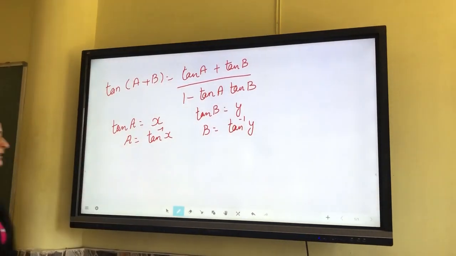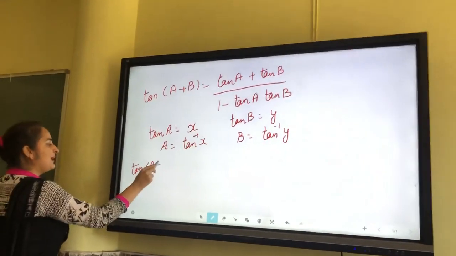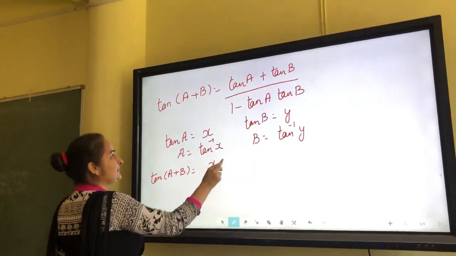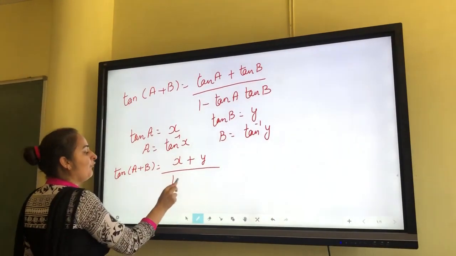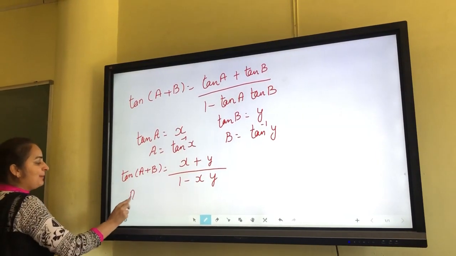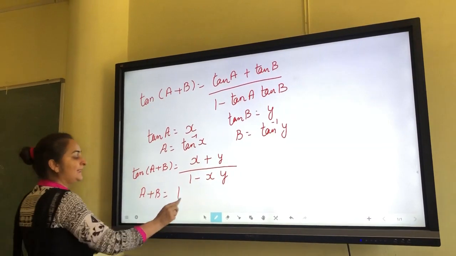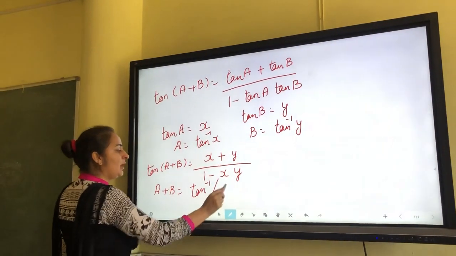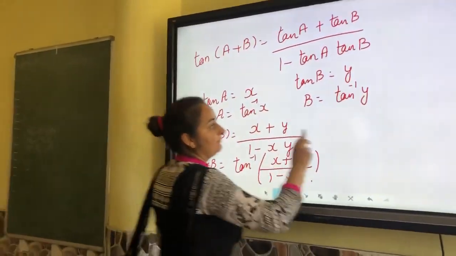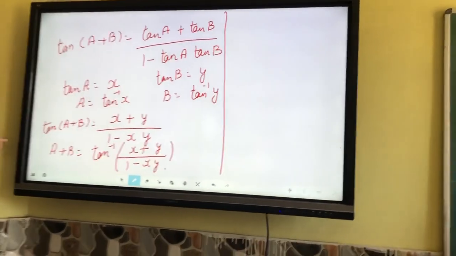Now, let's evaluate the formula. From the formula, tangent of A plus B is equal to, what is tan A? That is x plus y upon 1 minus xy. Now, A plus B is equal to, I am shifting the tangent from here to here, that is tangent inverse of x plus y upon 1 minus xy. Now, what is the value of A and B?